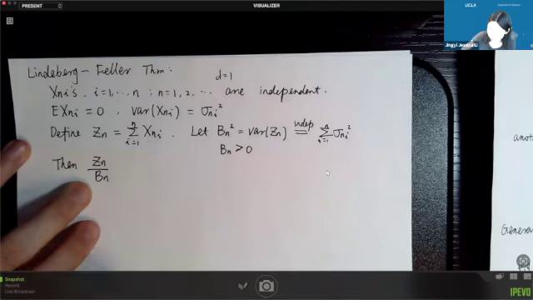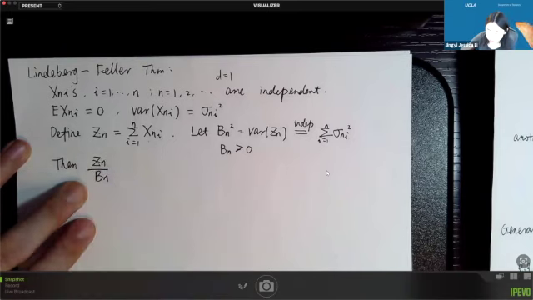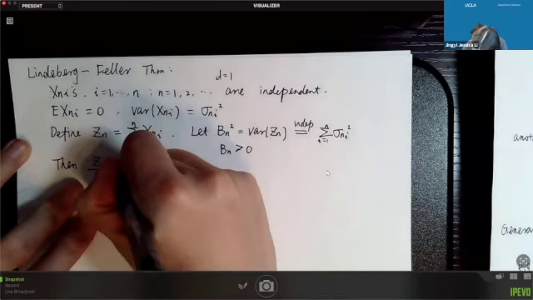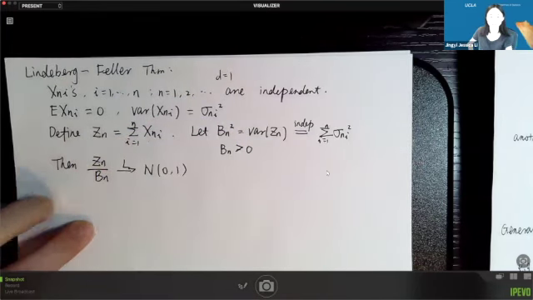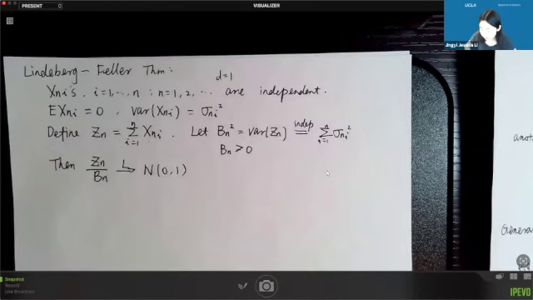We don't need to subtract the mean because Zn is centered at 0, as Xni is mean 0. So this ratio is converging in law to standard normal. That's like a central limit theorem. But here we generalize it to allow the random variables to be not identically distributed.